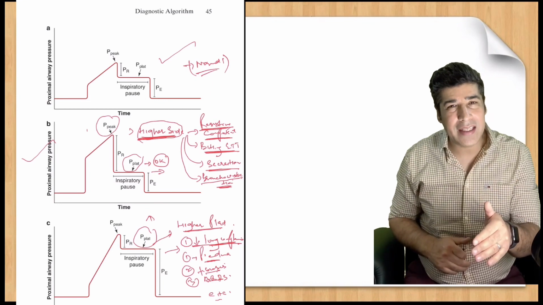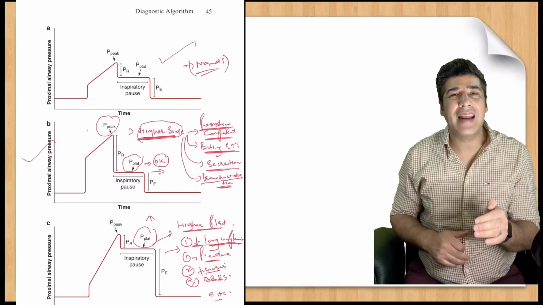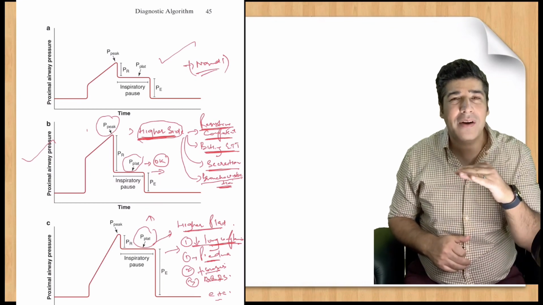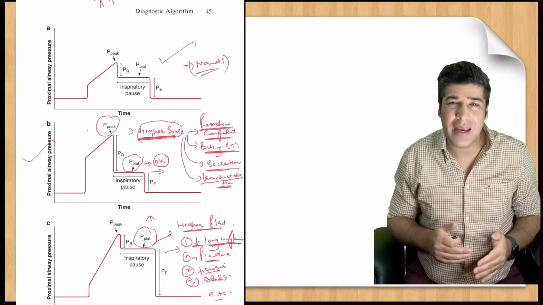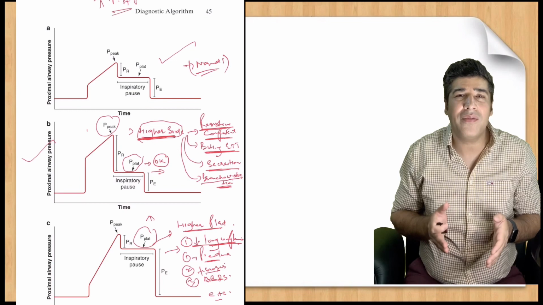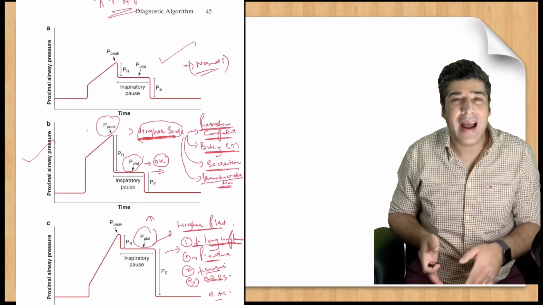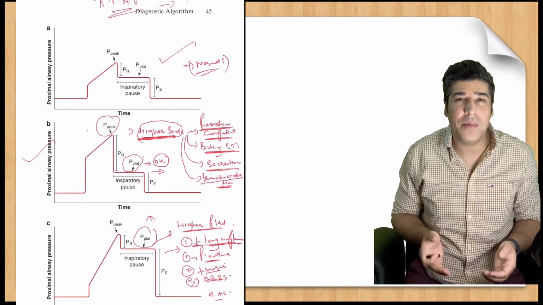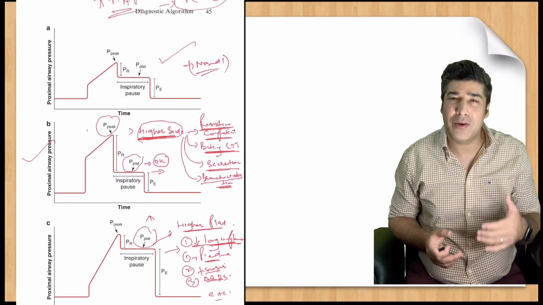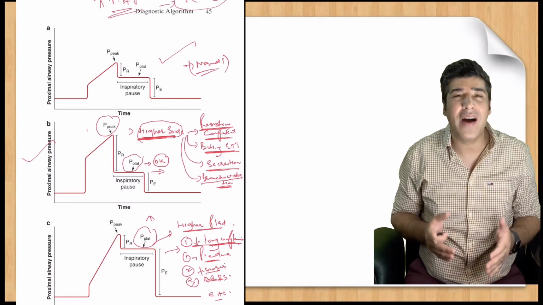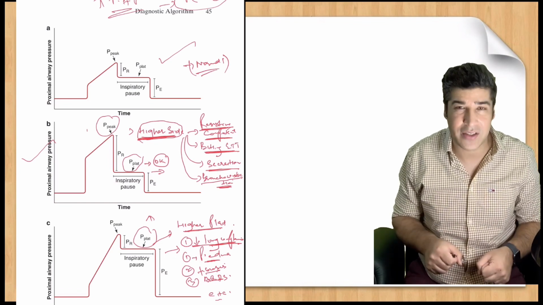Now you are doing the inspiratory pause, and you are getting the plateau pressure on the normal side. Okay, now this increased peak airway pressure is because of the resistive component, and the reasons could be biting of the endotracheal tube by the patient, or excess secretion, or bronchoconstriction.